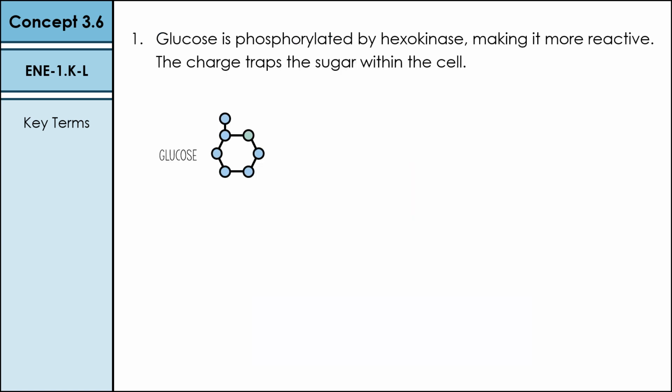Our first step is that our glucose is phosphorylated by an enzyme called hexokinase, and this makes it more reactive and gives it a charge that traps the sugar within the cell, so it can no longer pass through the cell membrane. Good for us. This is our initial energy investment in this case.